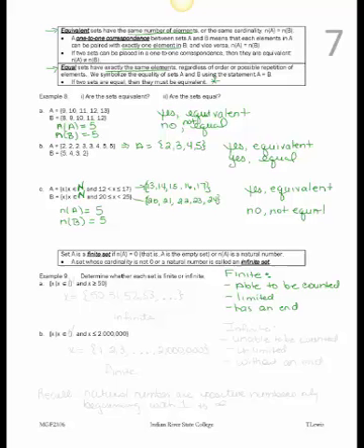For example, the set of days in a week is a finite set because it only has 7 members, 7 days. So we said it can be counted, it's limited, it has an end.